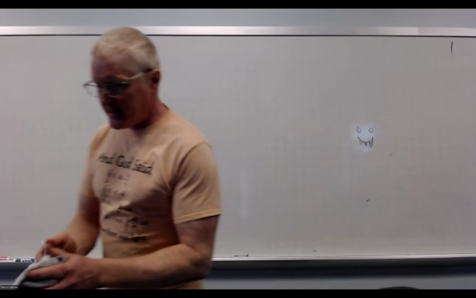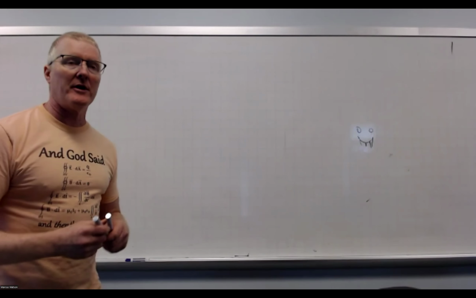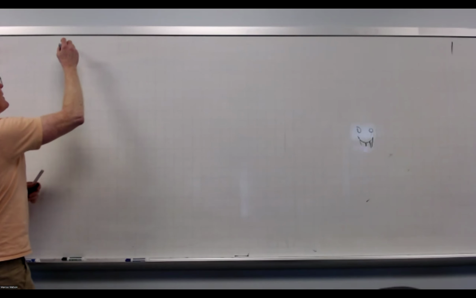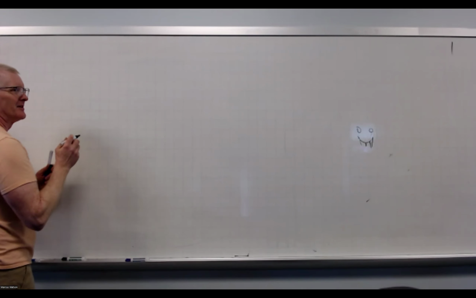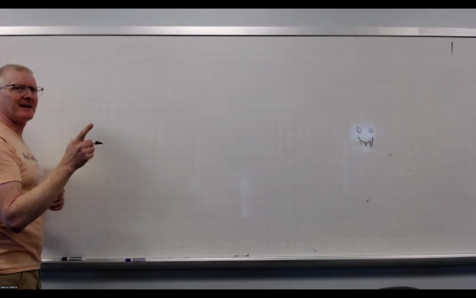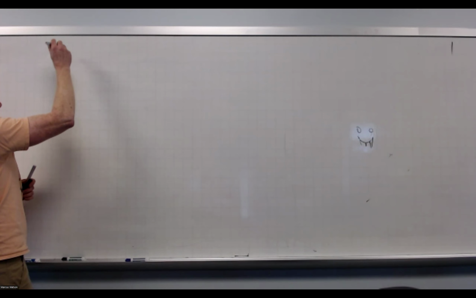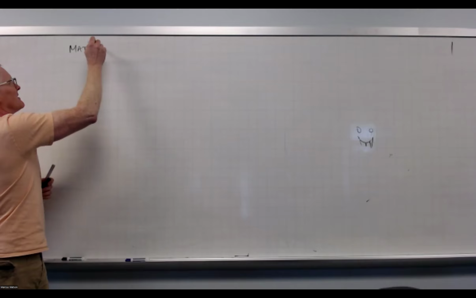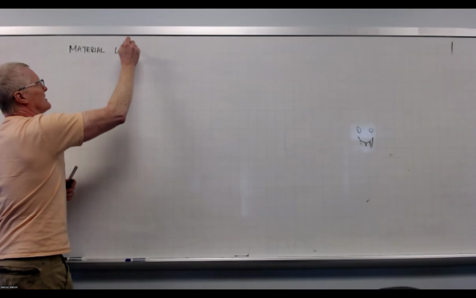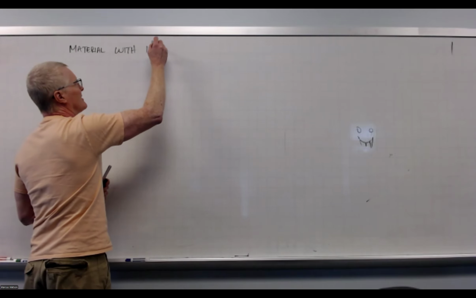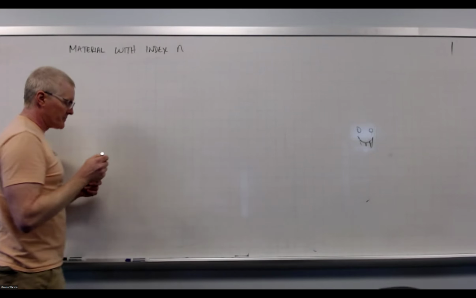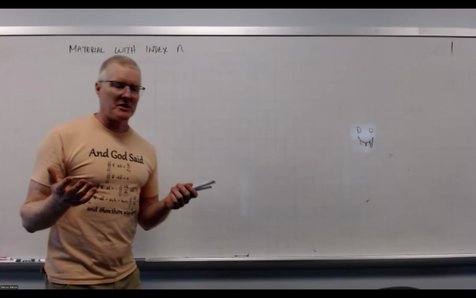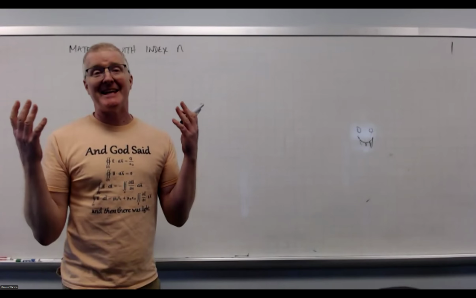Alrighty, let's take a look here. If I thought of a, what do I want to call this one? Kind of like refraction. This was number 1, I think I listed. This is the one in which there's a material with an index. Let's suppose that we have a material with an index n and it's sitting in air.